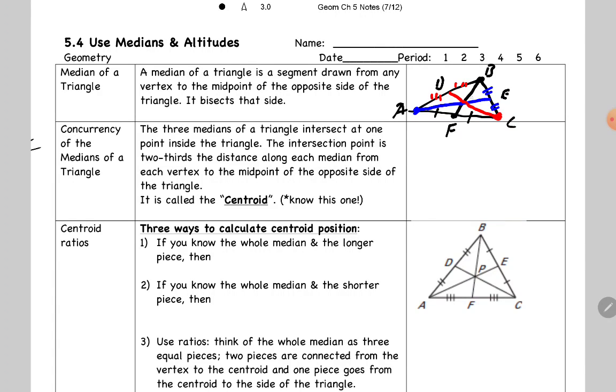The point in the middle is called P. So AP is equal to 2/3 of AE, and BP is 2/3 of BF.